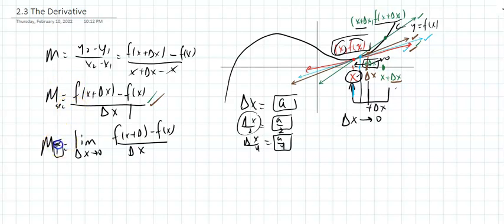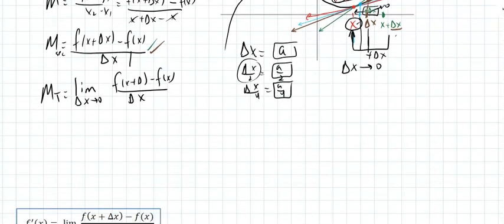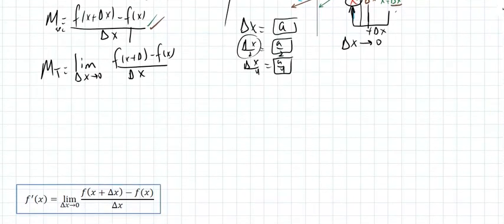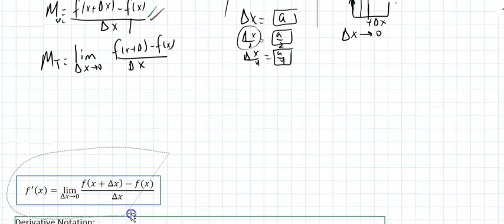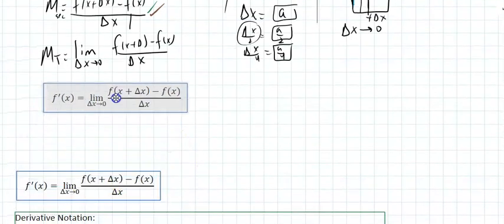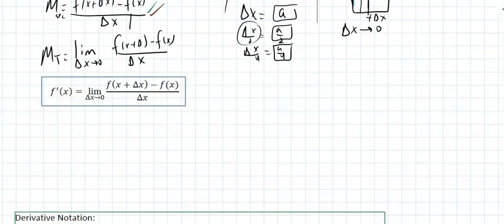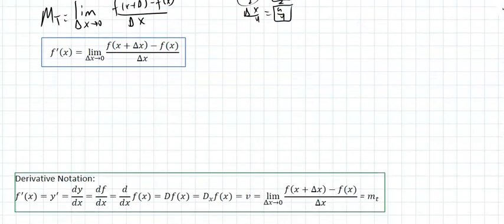So the way it works, this is the definition. This is what's known as a derivative. The derivative is the limit as delta x approaches 0 of f of x plus delta x minus f of x, over delta x.